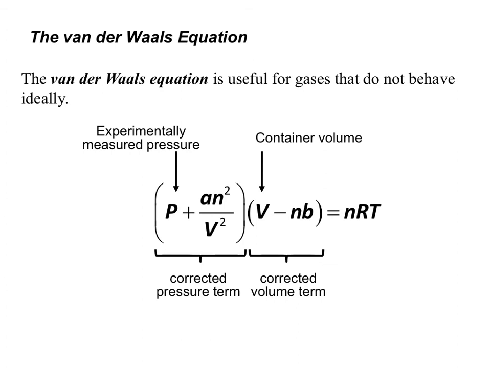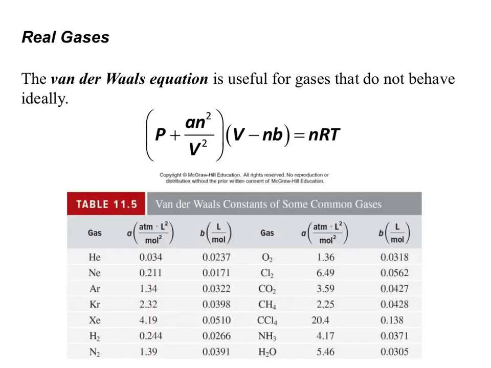The pressure value has to be an experimentally measured pressure, and the volume is the volume of the container your system is in. Notice that there are two new letters in this equation, A and B. These are van der Waals constants. Here is a table containing some of the van der Waals constants for the most common gases.